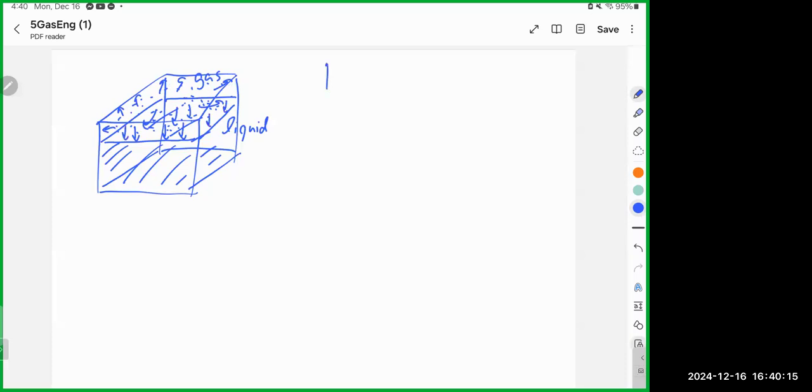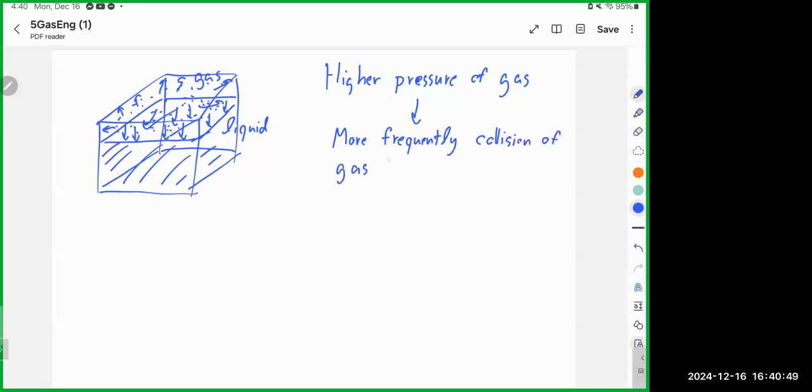So higher pressure of gas would lead to more frequent collisions of gas to the surface of the liquid.